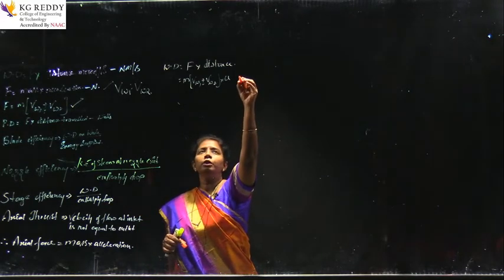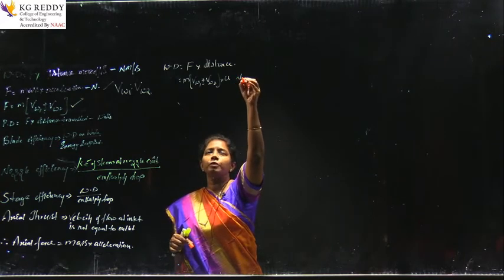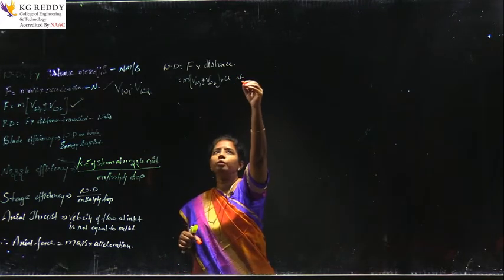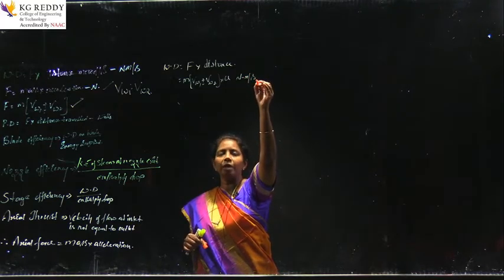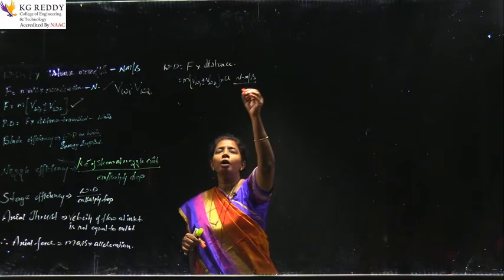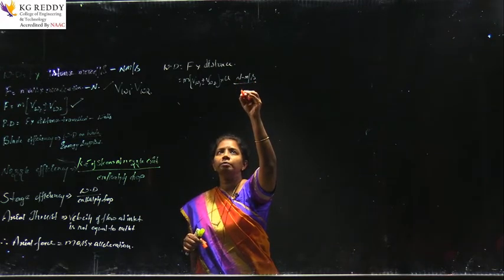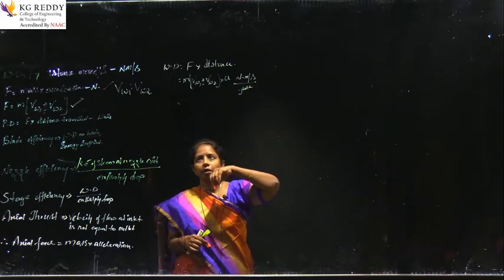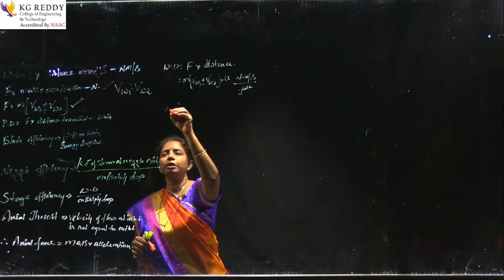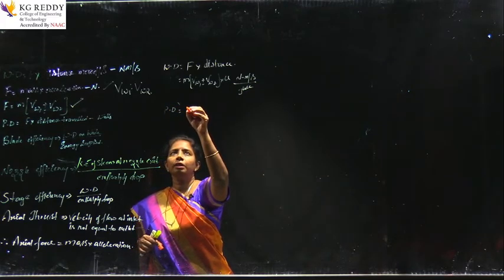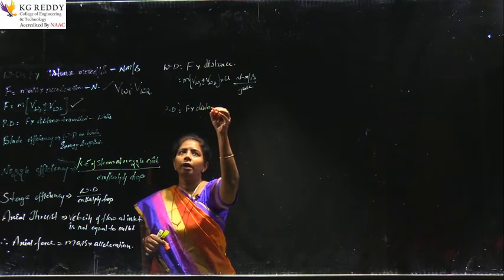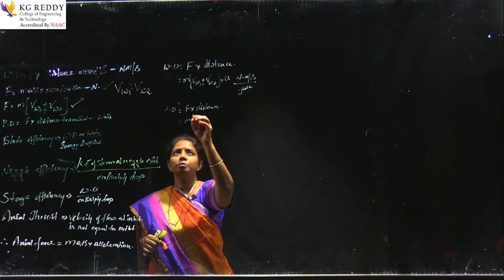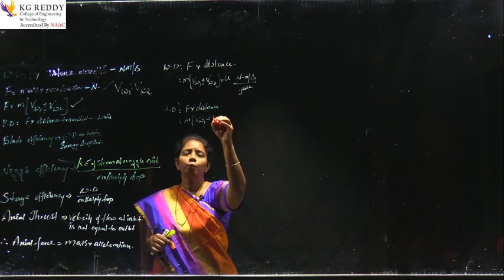Here the units are: force in newtons and distance per unit time, that is newton meter per second, or we can represent it as joule. And from this, the power developed is force multiplied by the same distance, and now the units are in watts.